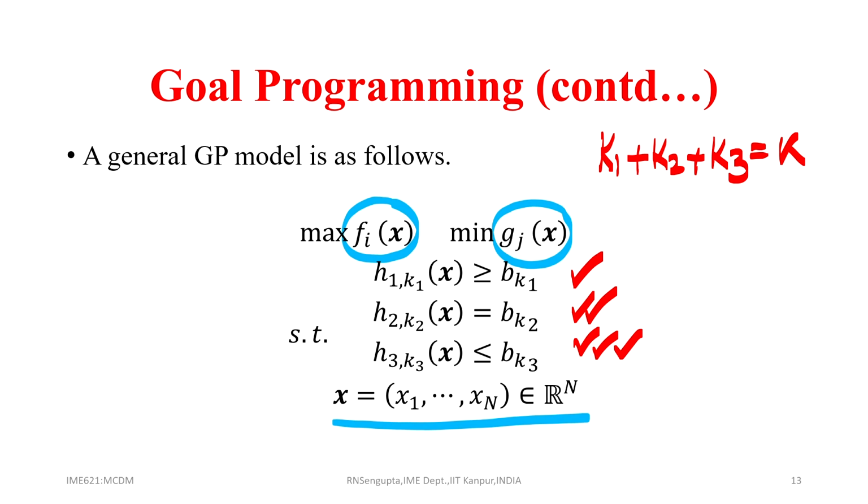And finally, h 3 k 3 of x, x is the decision variable, is less than or equal to b k 3, again b k 3 are constants. So, k 1 can be 2 in number, k 2 can be 3 in number, k 3 can be 4 in number. So, it is 2 plus 3 plus 4, which is 9 number of constraints.